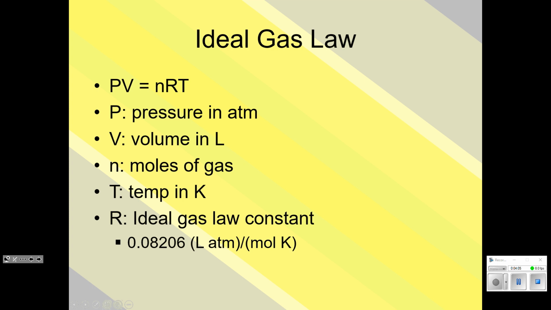So I don't know why they give you multiple R values on the equation sheet. However, this one with the unit of liter atmosphere per mole Kelvin is the one that you would be using whenever you use the ideal gas law. I don't believe that you would be using the root mean square equation at all on the AP exam anymore, yet they give you that constant.